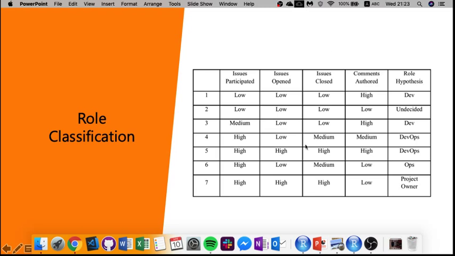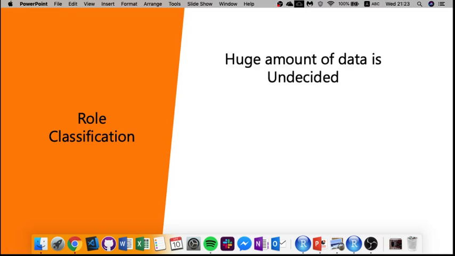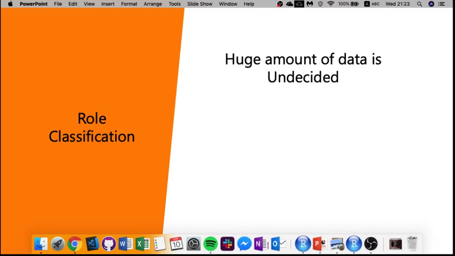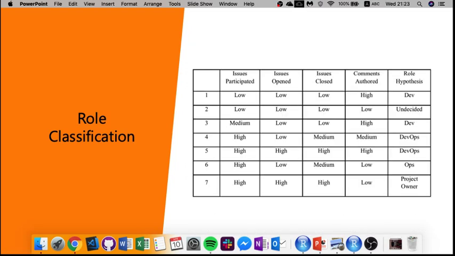But what we actually saw in our data set here is that most of our points were in the second cluster, and the second cluster was undecided, so most of our data wasn't classified yet.